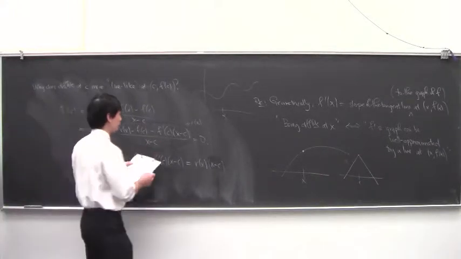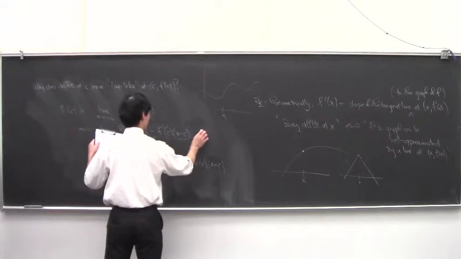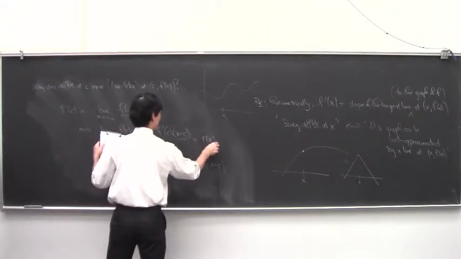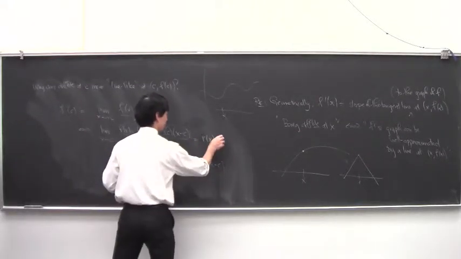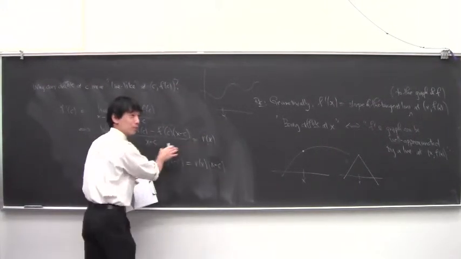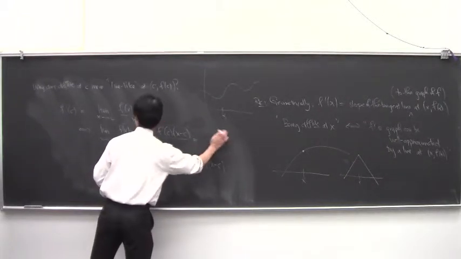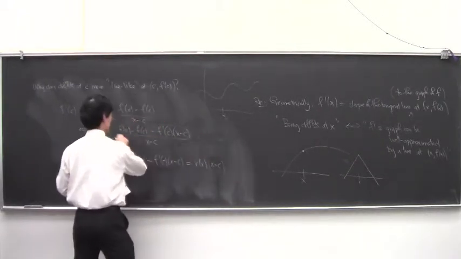I'm going to call this whole thing r of x. Then multiply both sides by this, right?